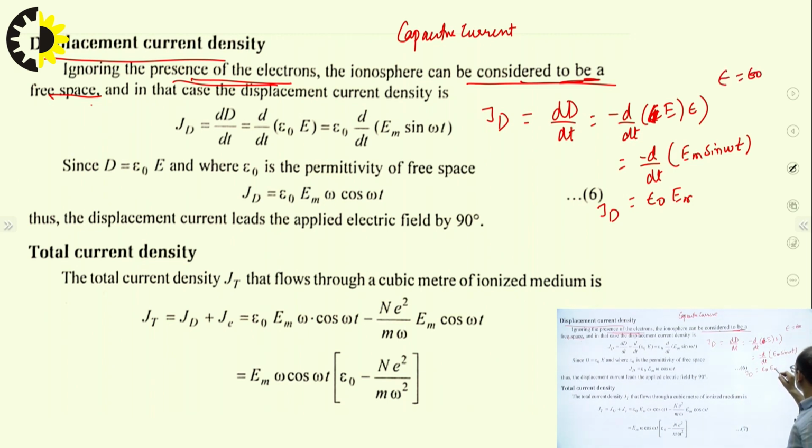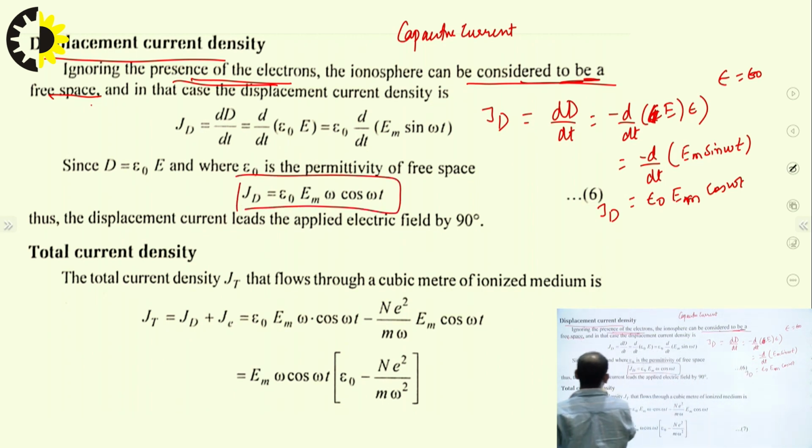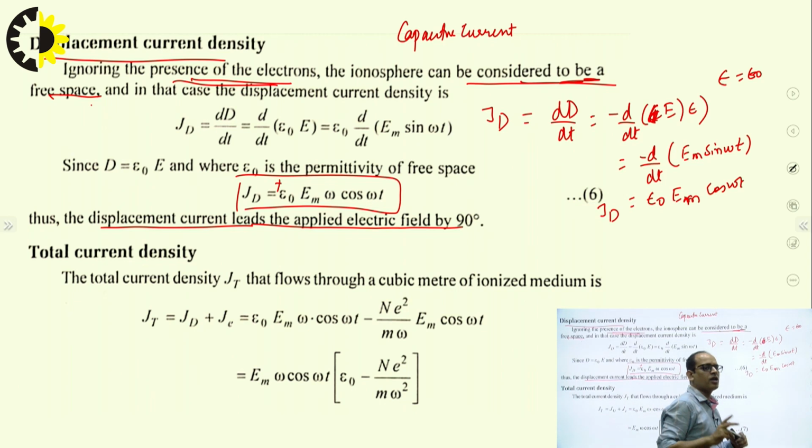So JD is equal to epsilon naught Em cos omega t, minus minus gives plus. This positive sign shows that this displacement current leads the applied current by 90 degrees.